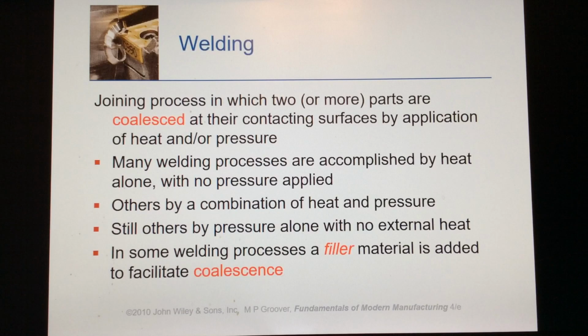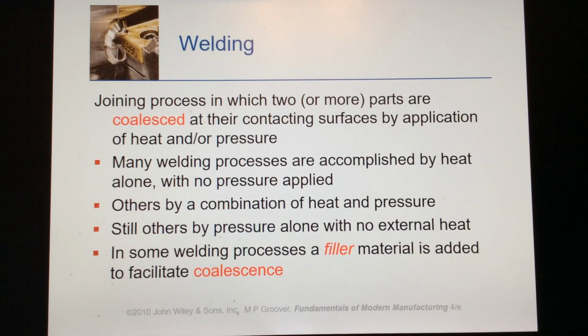Basically, what we're talking about in this welding process is joining two pieces of traditionally metals that are, the expression is, coalesced at their contacting surfaces, and we'll define what those contacting surfaces are in a minute.